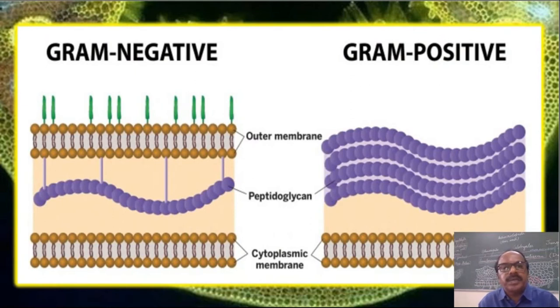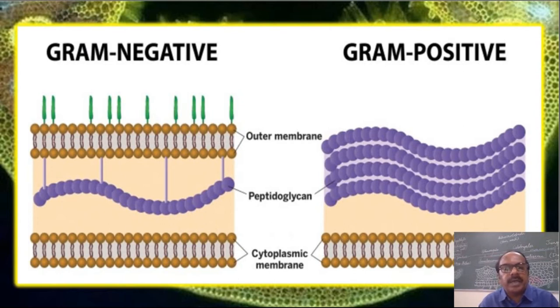The difference between gram-positive bacteria and gram-negative bacteria mainly lies in their cell wall. As you can see on the screen, the gram-positive bacteria have a simpler cell wall, whereas gram-negative bacteria will have a complicated cell wall. In case of gram-negative bacteria, we have two layers of cytoplasmic membrane. There is an inner membrane, there is an outer membrane.